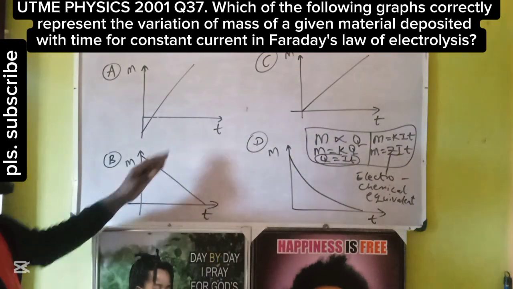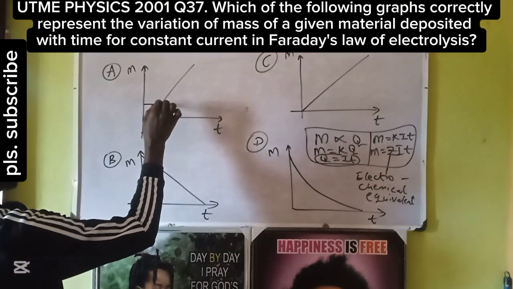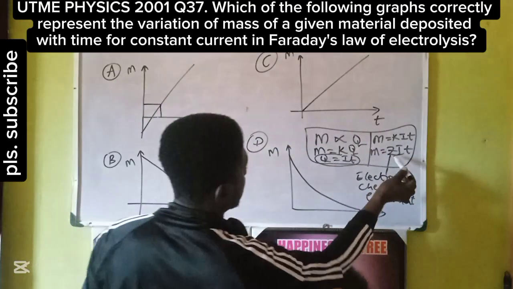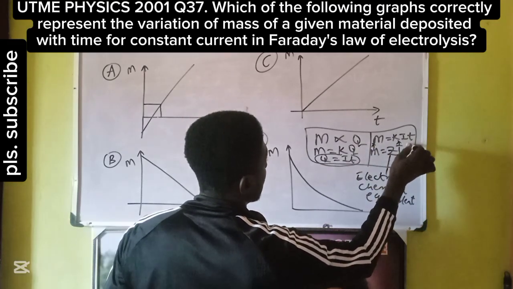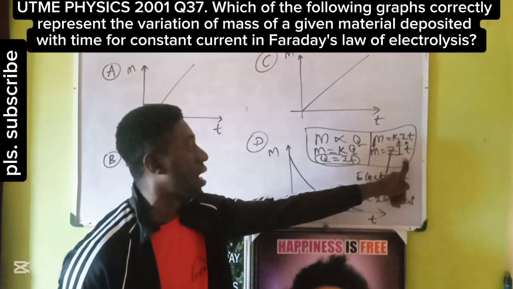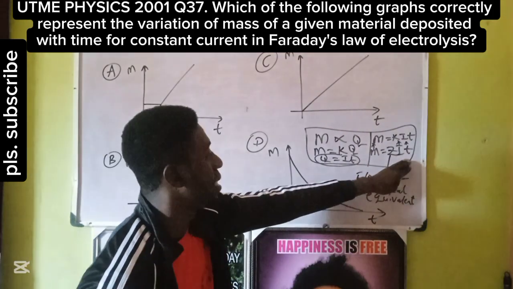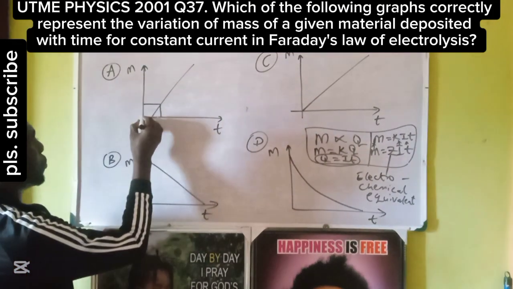This graph is saying that the more the mass liberated, the more the time accumulated. You can see it from the formula. M increases with current and also increases with time. Put together, M increases with quantity of charge. So this is direct proportionality. But there's an issue here. It didn't start from 0.